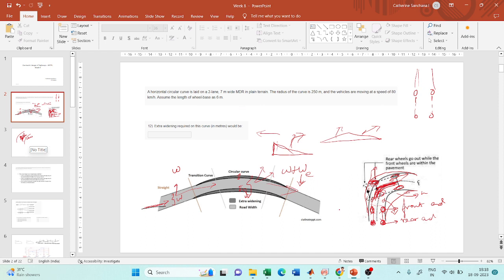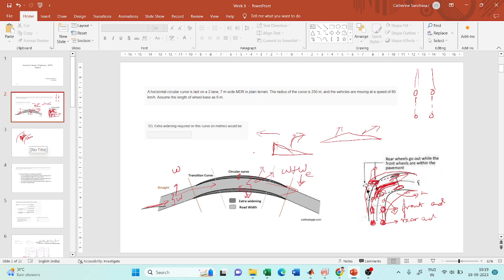Because of this reason also, your curve has to be a bit wider. That widening is called psychological widening, because it comes from your perspective. It is not required, but you have a feeling to move towards the center of the curve. It is just an intuition, so you require a wider width because of your intuition, and that is why it is called psychological widening.